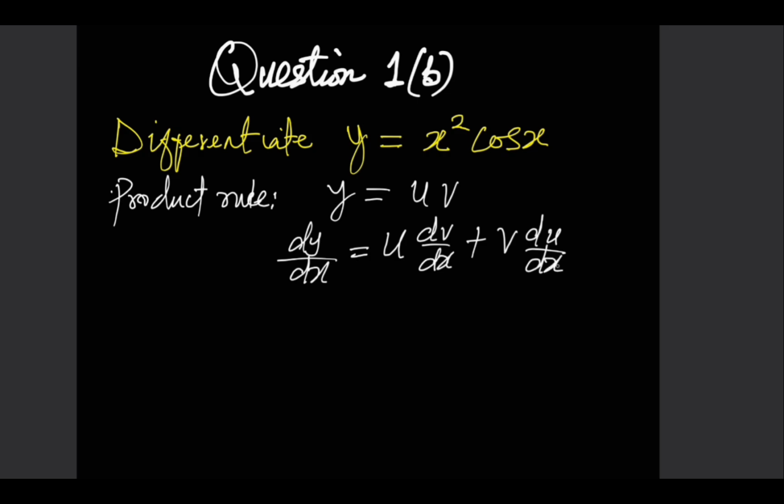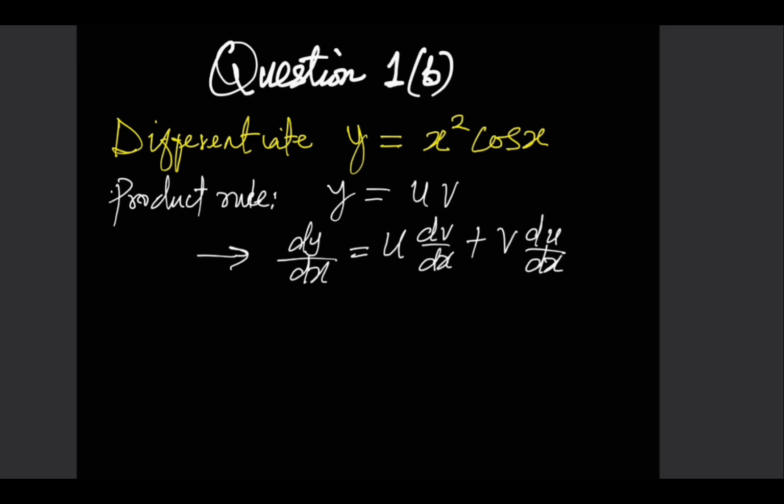You don't need to bother about what I just said. It is a formula I just quoted, so what you should be interested in is this formula. This is the formula for the product rule. In simple terms, we multiply the first function by the derivative of the second function, then add the second function multiplied by the derivative of the first function.